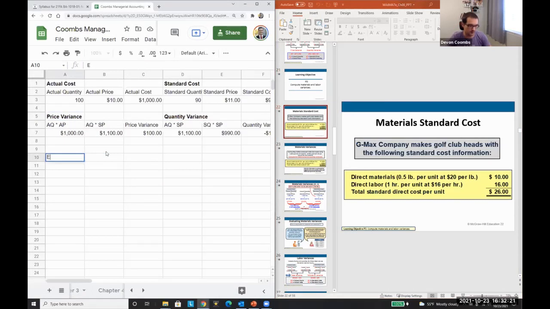So example 2. We have material standard costs. We always have our price and our quantity standards.